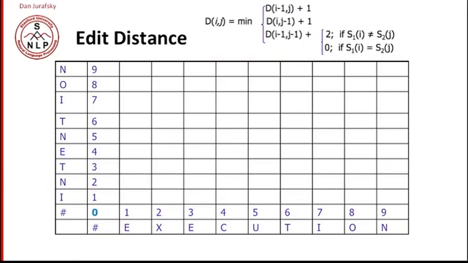So again, we have 3 here. So we have a 2, and we have a 3. And if we continue along in this manner, again, in each case, looking at the 3 previous cells and using this equation over here, we'll slowly end up with the rest of the table, and so on.